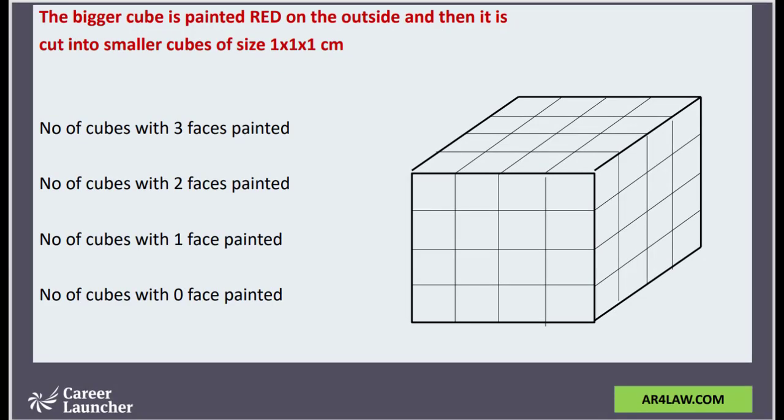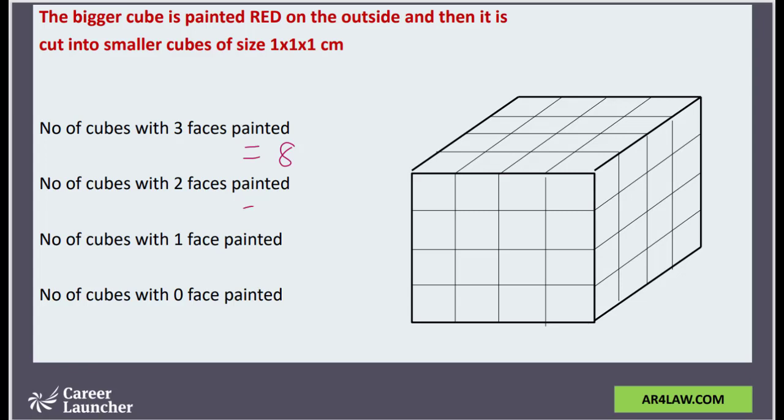Now let's talk about a cube being painted. We have taken an example where a bigger cube is painted red on the outside, then it is cut into smaller cubes. As you can see, it has been cut into 4 parts. So the number of cubes with 3 faces painted is going to be 8. What we have done earlier, we are going to get the same answers. Number of cubes with 2 faces painted is similar to the number of cubes with 2 faces visible.